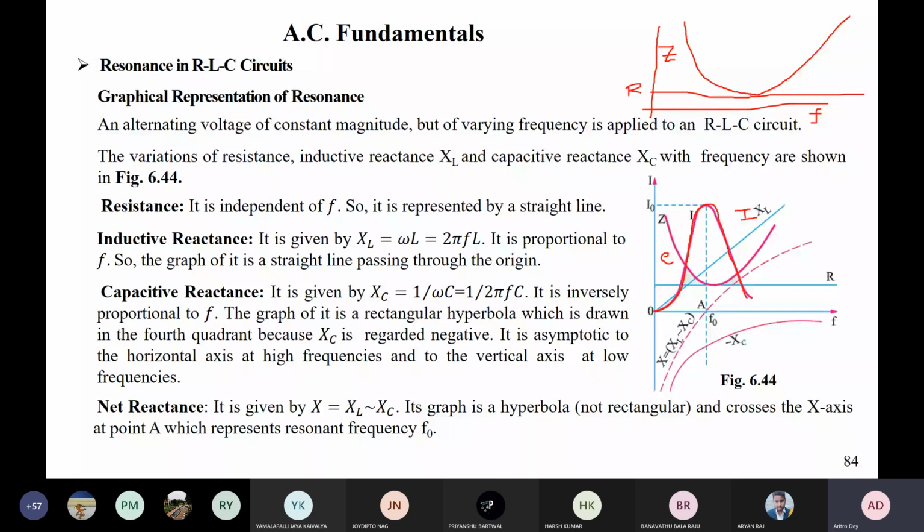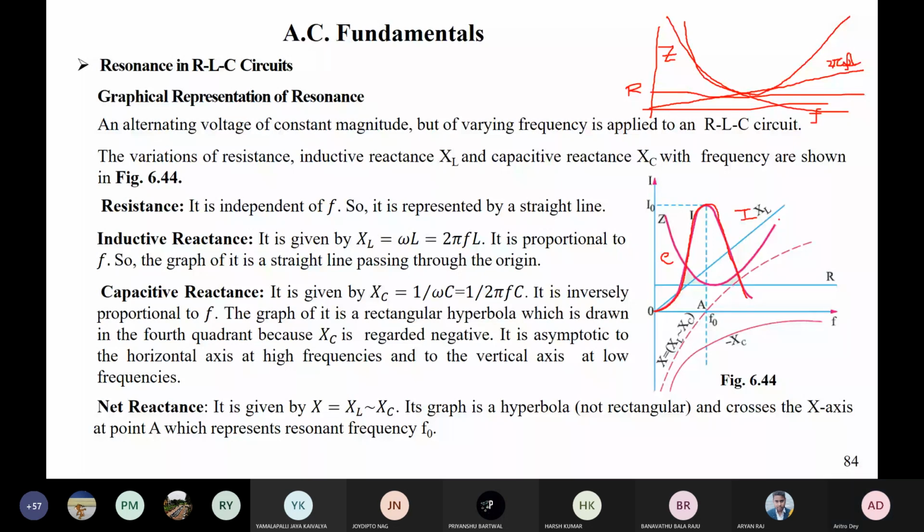And then this is your omega L, or 2 pi fL. And another is the rectangular hyperbola, which will be going like this, your XC, as shown in the below part. I am drawing magnitude wise, but they are plotting as jXL and XC, that's why negative. So this is your XC part, and this is your effective impedance.